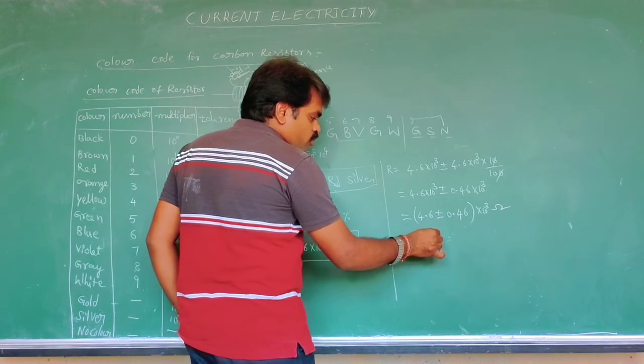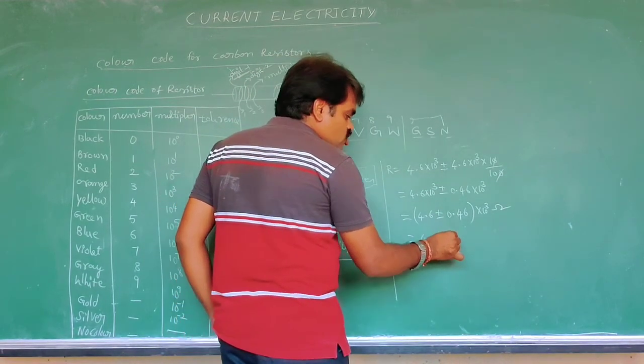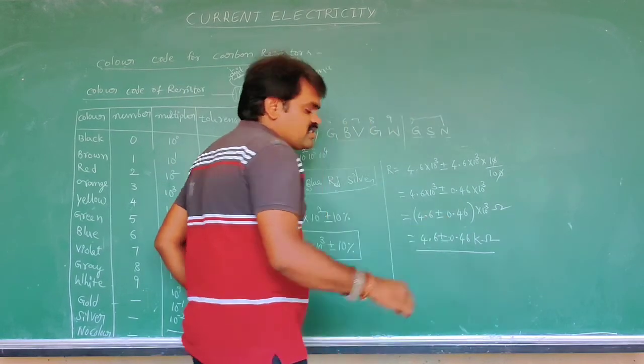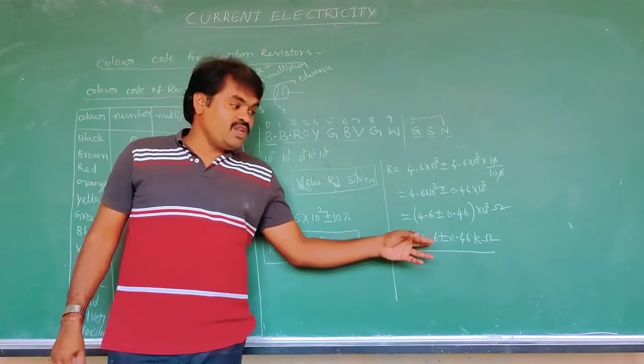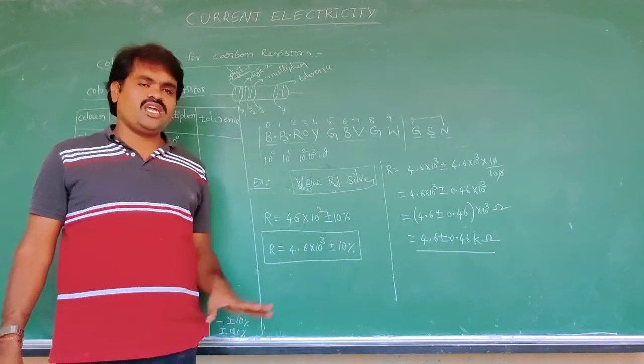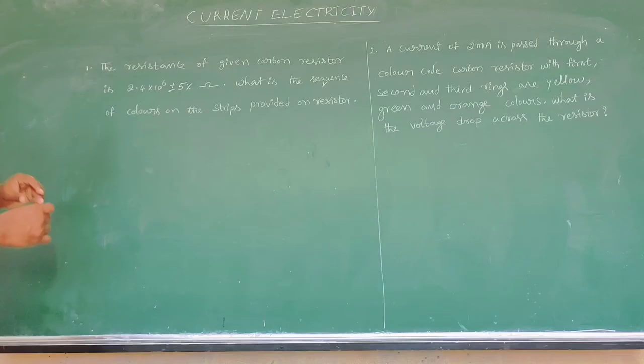That is, 4.6 plus or minus 0.46 kilo ohms. This is the answer. Any one is correct based on the options.